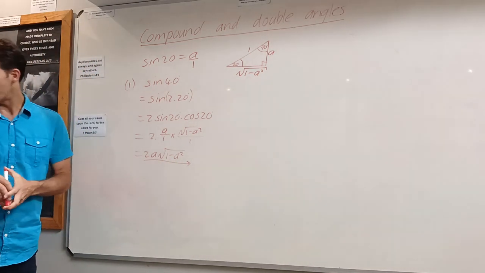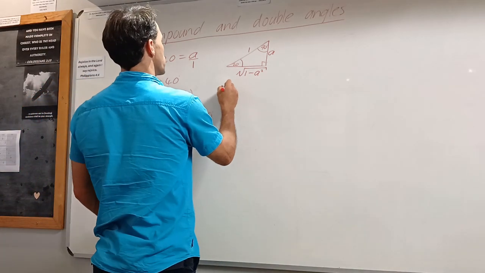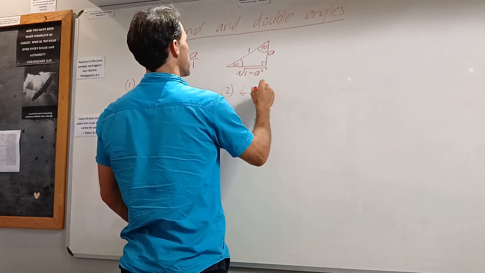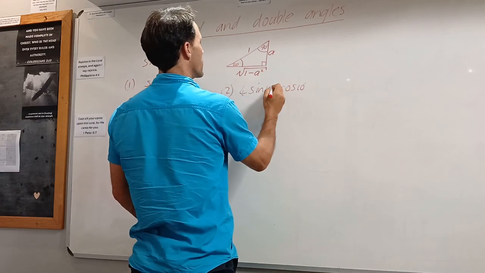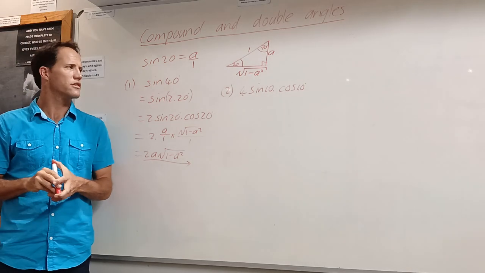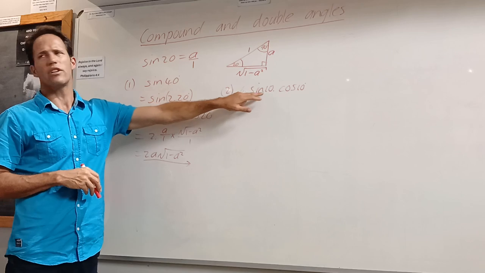Okay, now let's look at another one. Let's say they ask you to find 4 sine 10 times cos 10, let's say number 2. Think of this one. You can say, well, there's a 20, but there's not a 10.